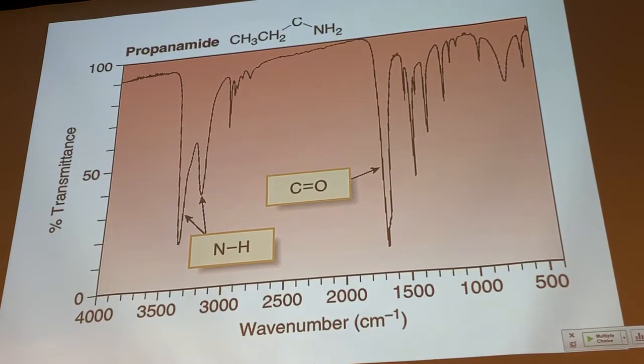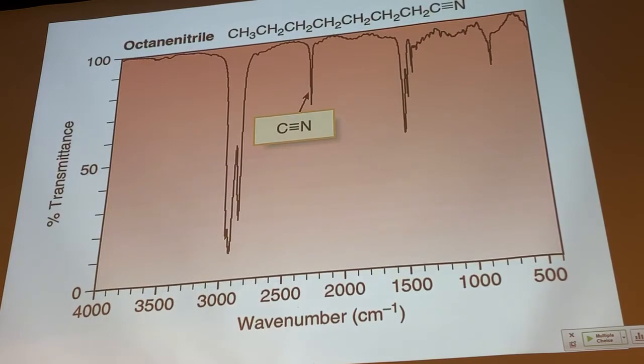And then we have nitrogen functional groups with no hydrogens, no nitrogen-hydrogen bonds, the nitrile, the carbon-nitrogen triple bond. This one does have a dipole, and that dipole will change as you stretch that carbon-nitrogen triple bond. So when you have a nitrile, you always will see a peak. If we were to have a fourth one, we'd probably put the nitrile down.